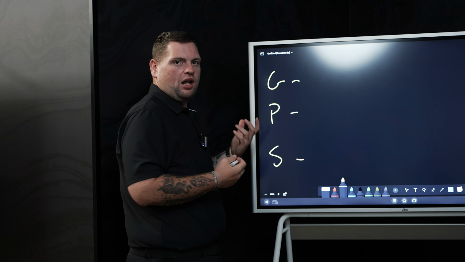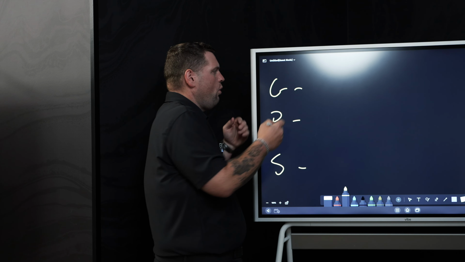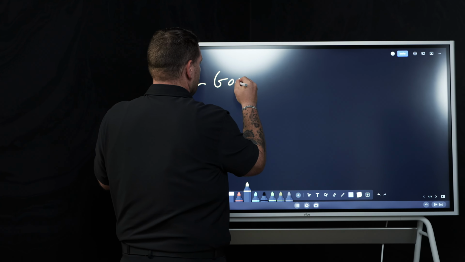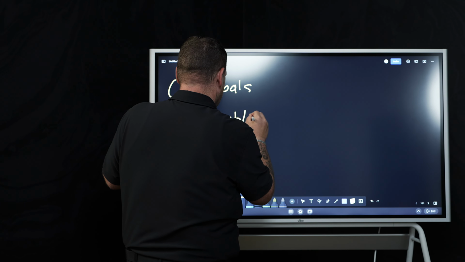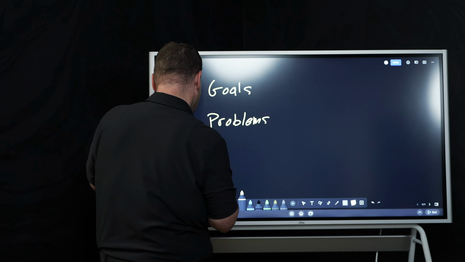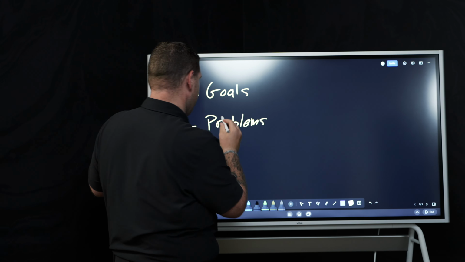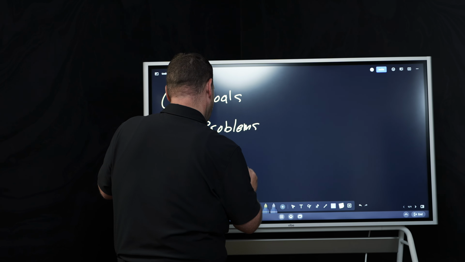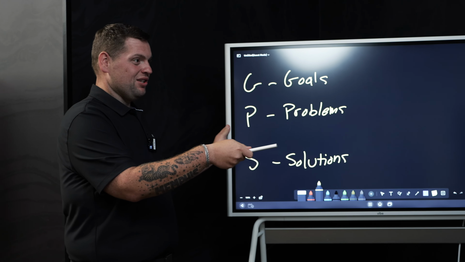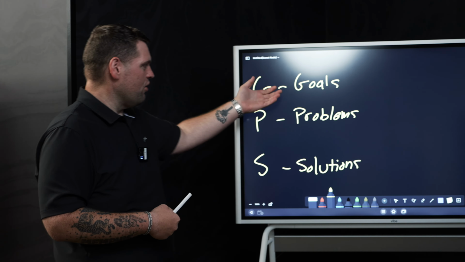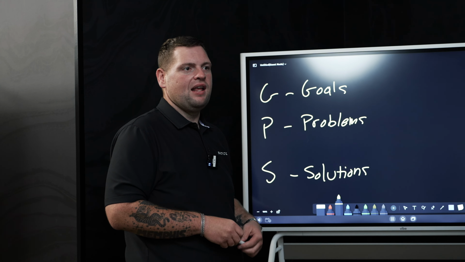And so we're going to do that. We want to label this goals, problems, and solutions. Every customer that you talk to is going to have a set of goals. They're going to have a set of problems, and you're looking for what? Solutions. So they have goals, they have problems. We're going to help them find the solutions.